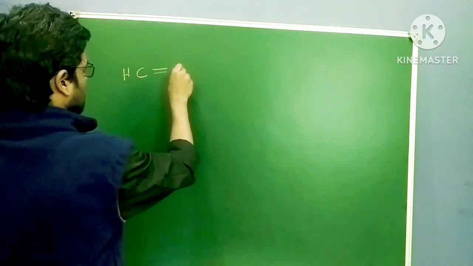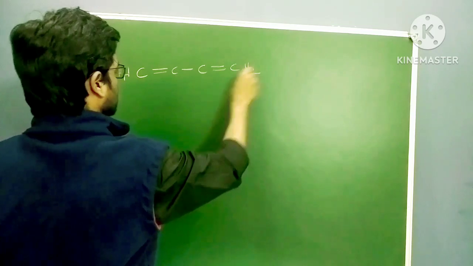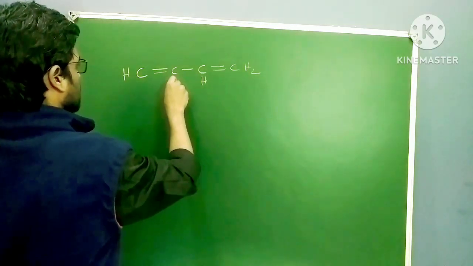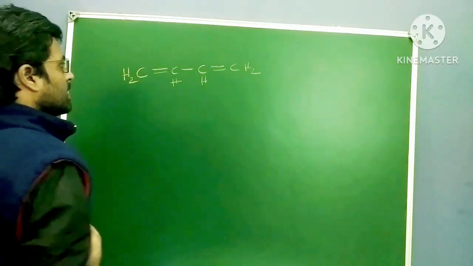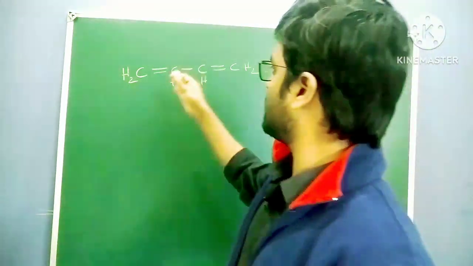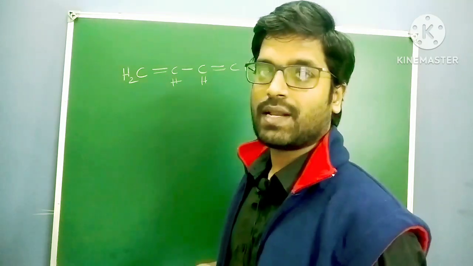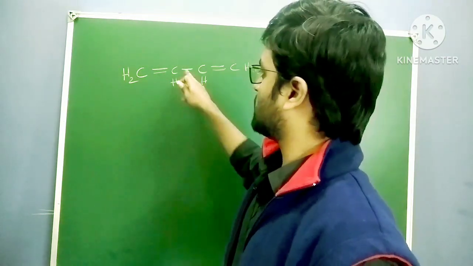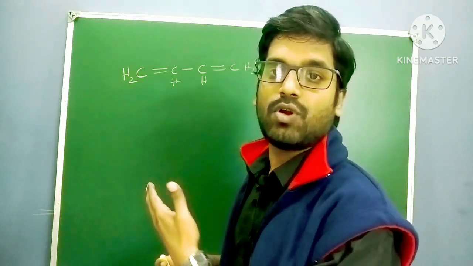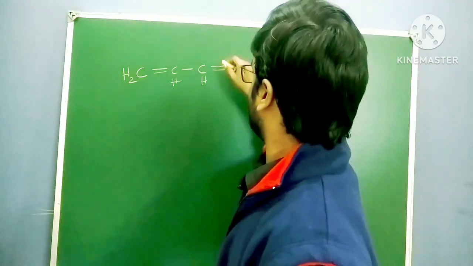C double bond C, single bond C, double bond C, with H2, H and H2 attached. Double, single, double are in conjugation, so delocalization of electrons takes place. Initially there is a double bond here, a double bond here and a single bond in the middle, but this is not a complete double bond. Why? Because of resonance.